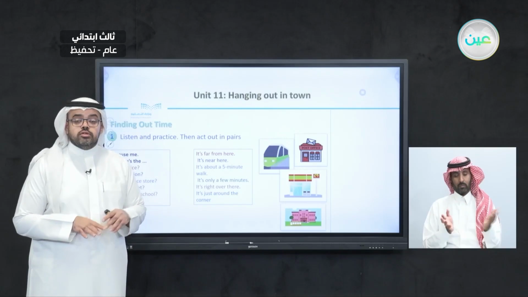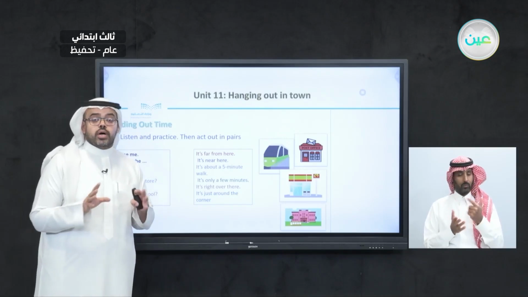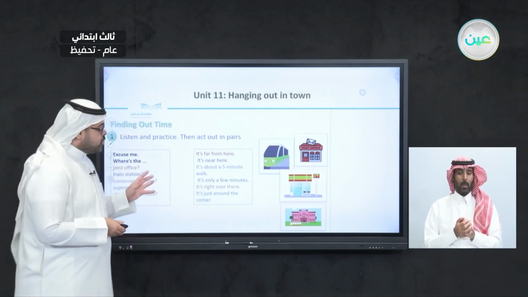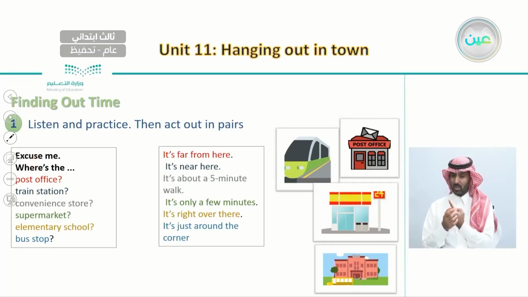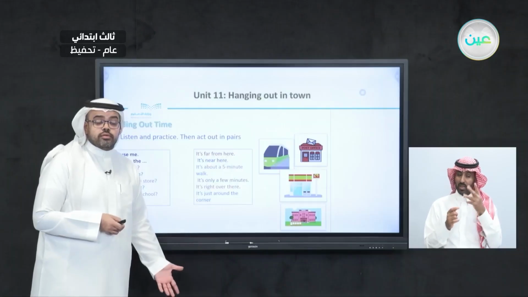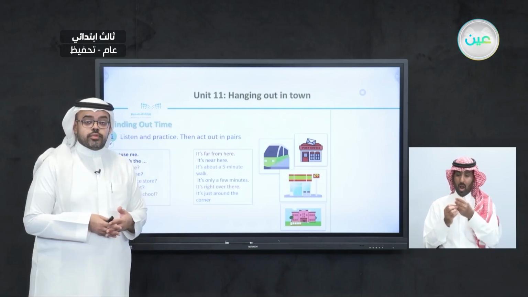Now let's listen to the third one and know about the third place. The third question we have, excuse me, where is the convenience store? So here we ask about the third place, the convenience store.